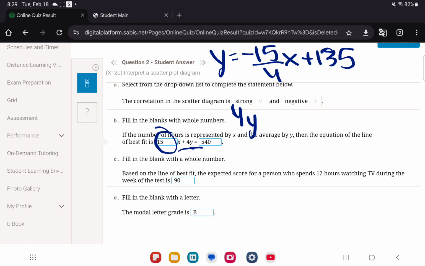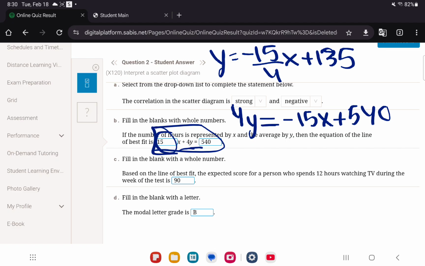4y equals minus 15x plus 540. Now we want it the way they put it, or you can just put in the values. Just be smart enough to know that when you move to the other side, 15 becomes positive. You don't have to write it again, but I'll write it.